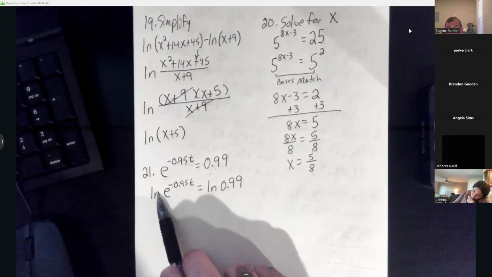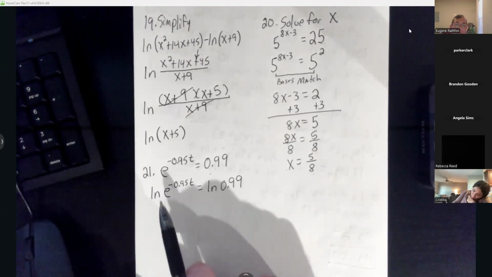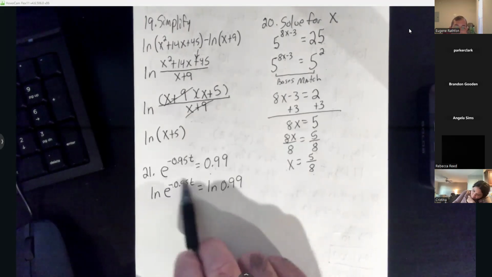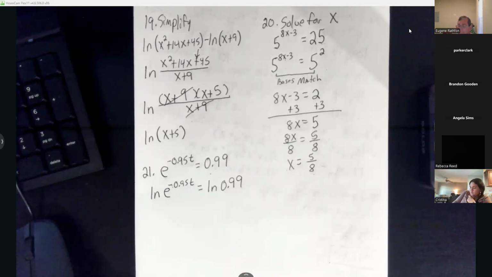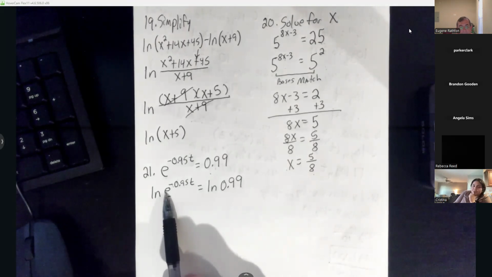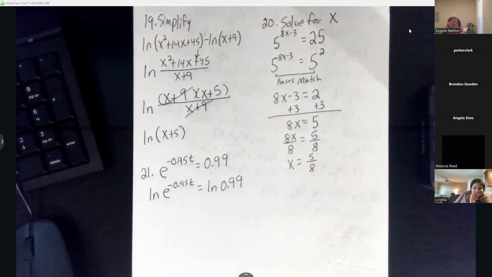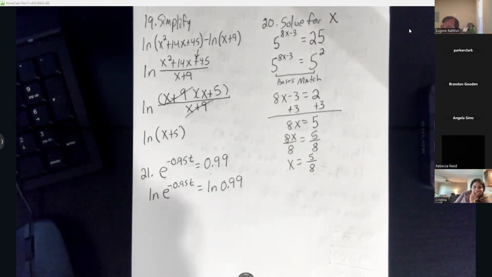Remember, ln really is a log base e. So I'm wondering what I'm going to get on this left side. Since ln is a log base e of e to that exponent, what's my left side going to equal? Doesn't that log base match that e?